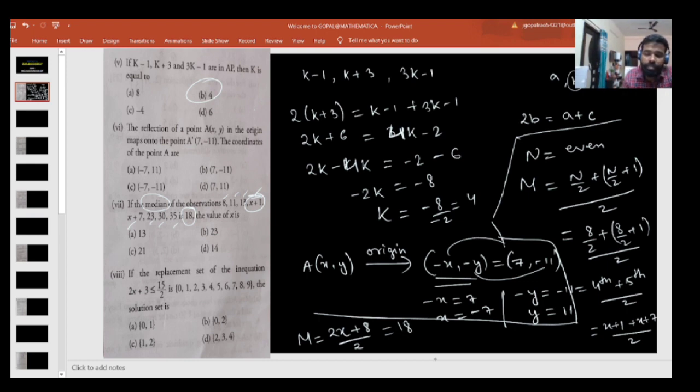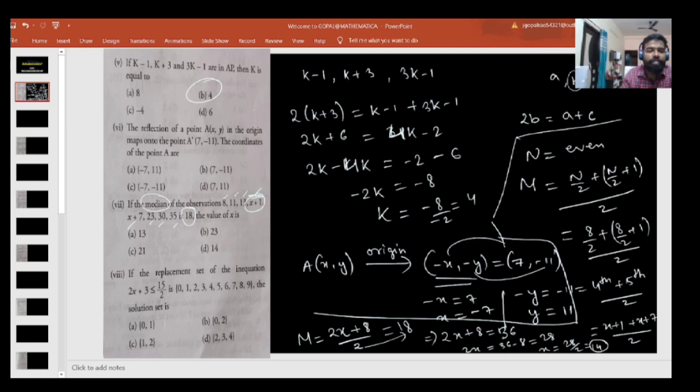Then this 2 crosses over with 18, so we get 2x plus 8 is equal to 36. Then 2x is equal to 36 minus 8, so we get 28, and then x is equal to 28 by 2, that is 14.